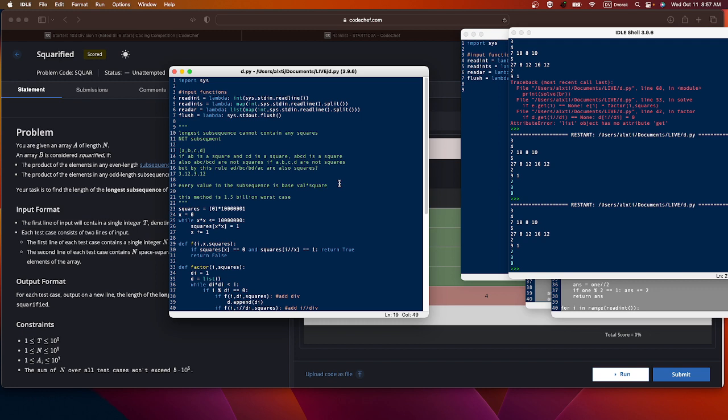Maybe you can just manually calculate the factors out. The problem is that there's 10 million. I mean, you don't have to go all the way. You only need to go to 3,000.